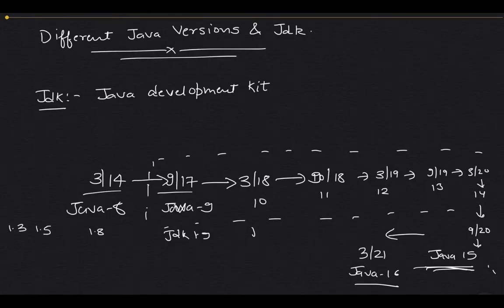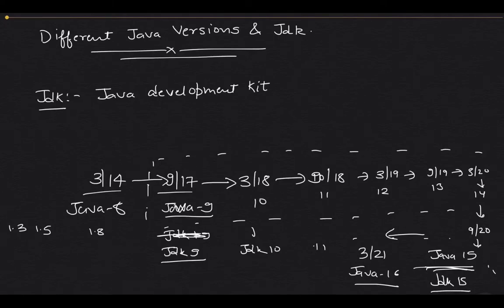But after Java 9, the versioning scheme has been changed, and we are not using 1.9, it's simply JDK 9. And so Java 9, JDK 9, JDK 10, JDK 11, and so on. You get the idea. Now similarly JDK 15. But for Java 8 it was 1.8. So whenever you see someone talking about Java 1.8, they are actually talking about Java 8. It's just confusion between versioning scheme.